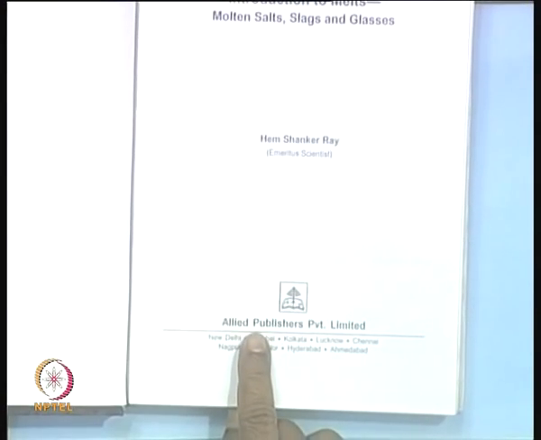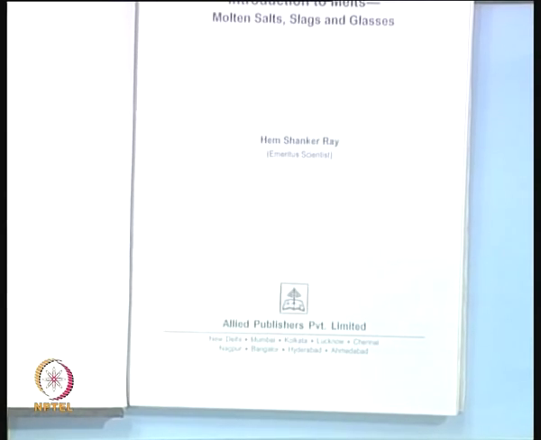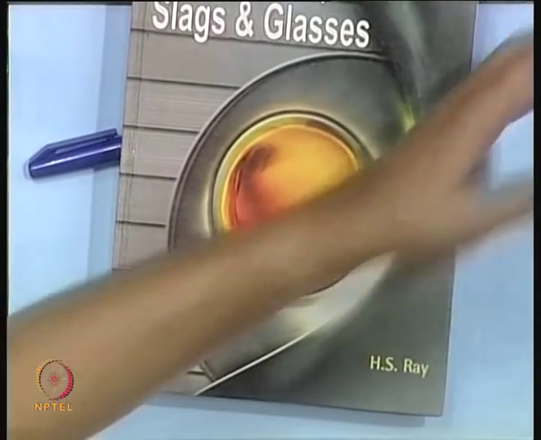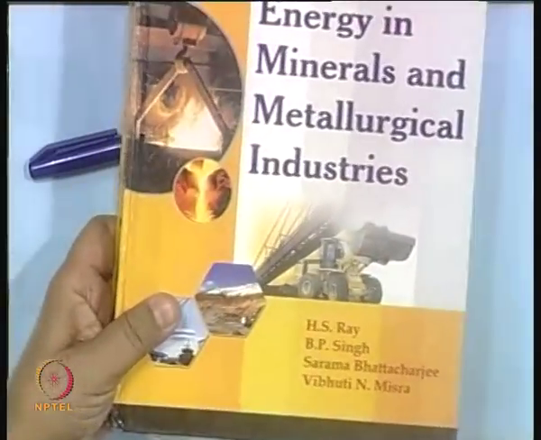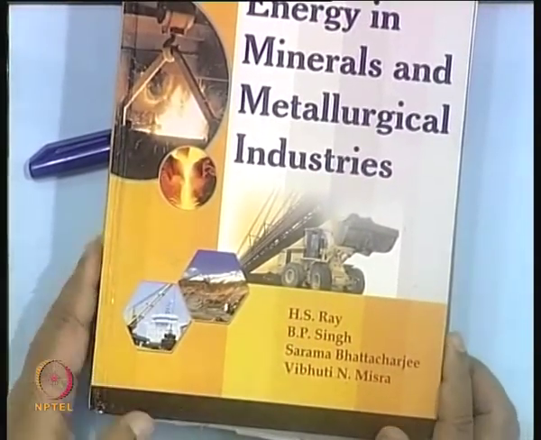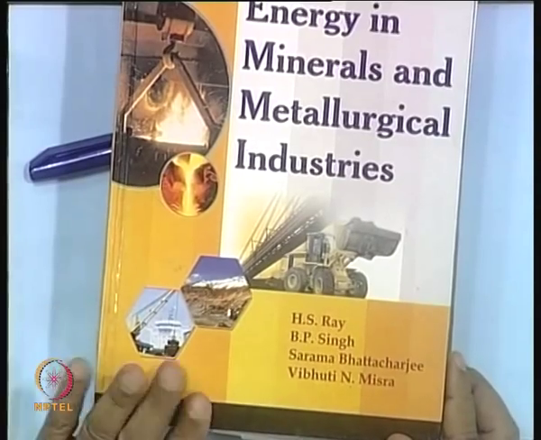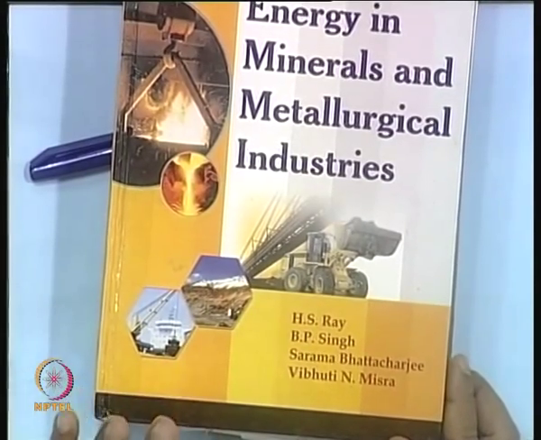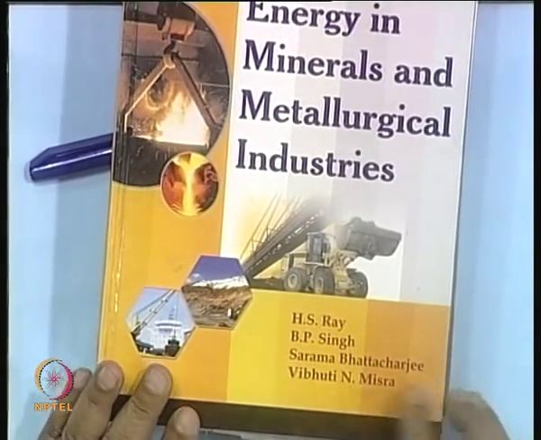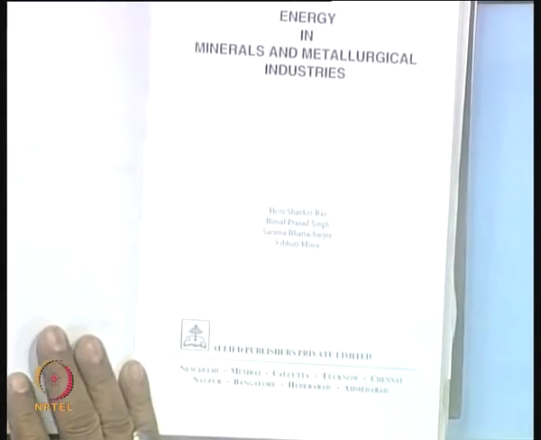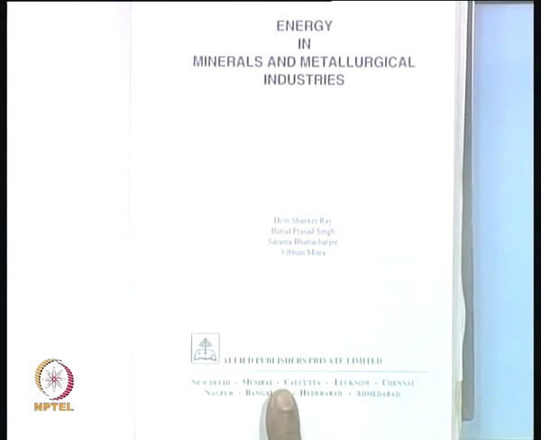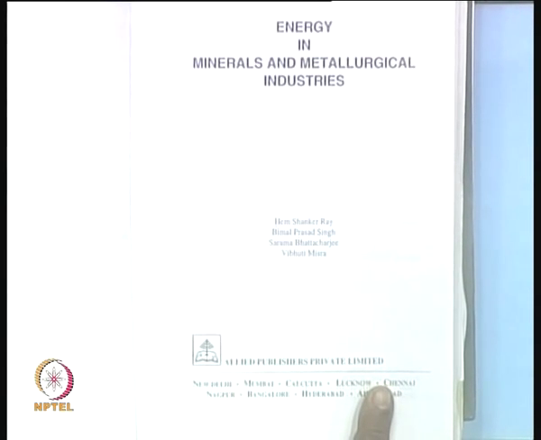It has been published by Allied Publishers Private Limited, New Delhi, a few years ago. Another book from which I am going to take a lot of material is Energy in Minerals and Metallurgical Industries by H.S. Ray and others. It is also published by Allied Publishers Limited, New Delhi.